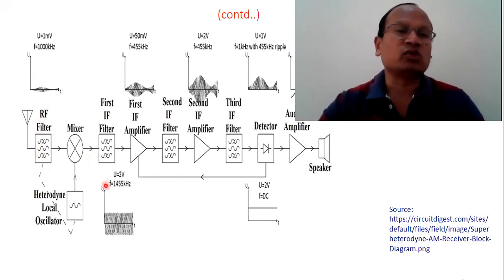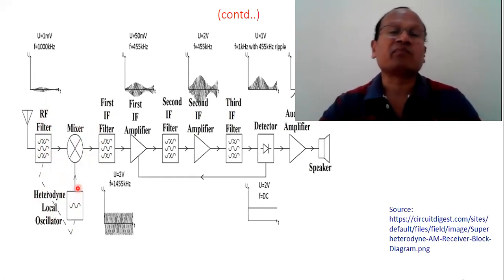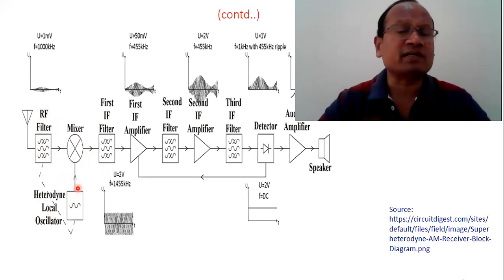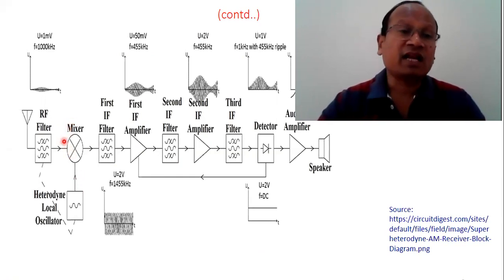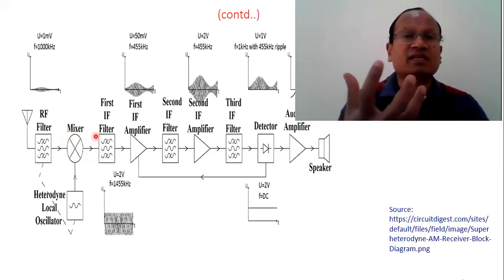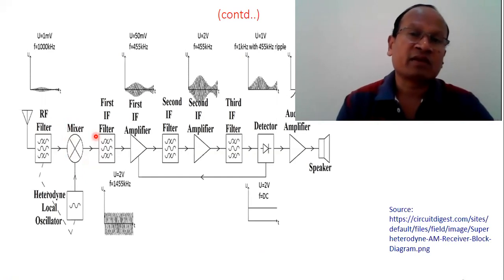Therefore, you see here there are two inputs. One is the output of the RF stage. Second, we generate some local oscillator frequency, sometimes called FO. This local oscillator frequency is mixed with the signal which is received. And after mixing, the mixer generates sum as well as difference components. Right?